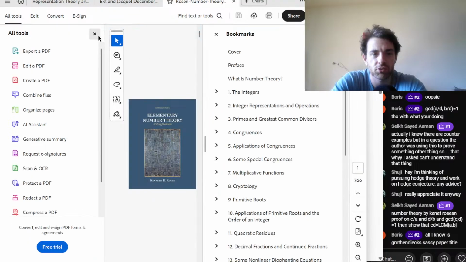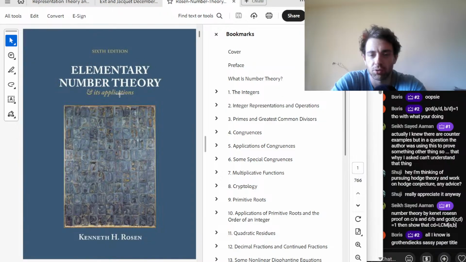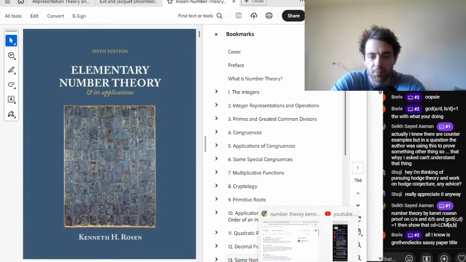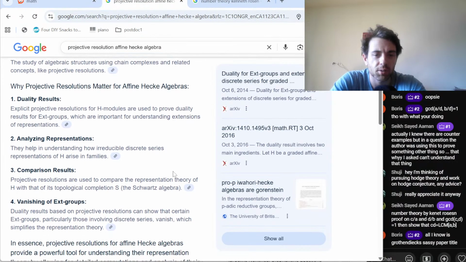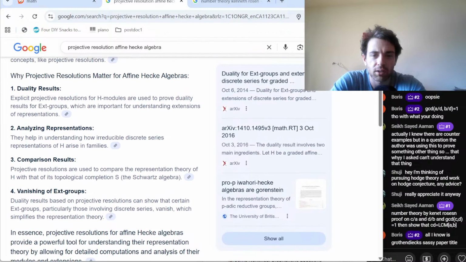Elementary number theory, is this the one? Can you please give a precise reference to the theorem or proof that you're asking about? In the meantime, I'll go back.